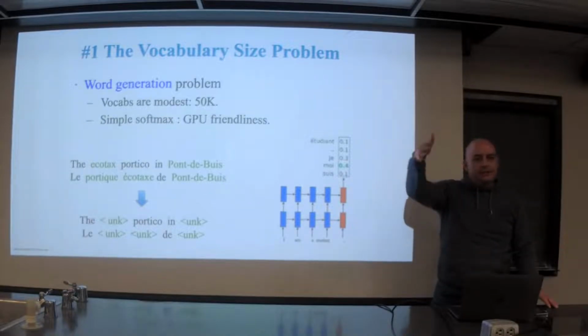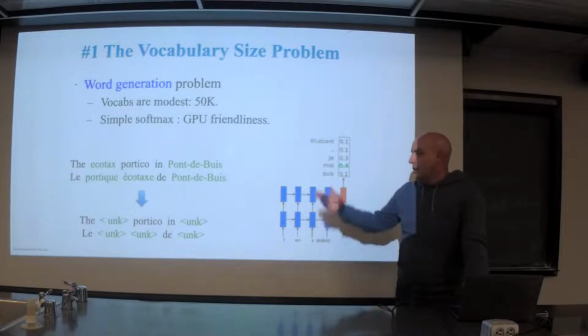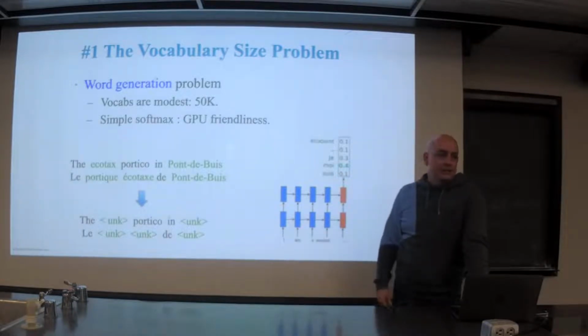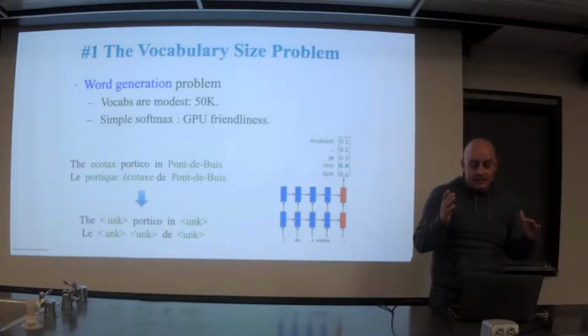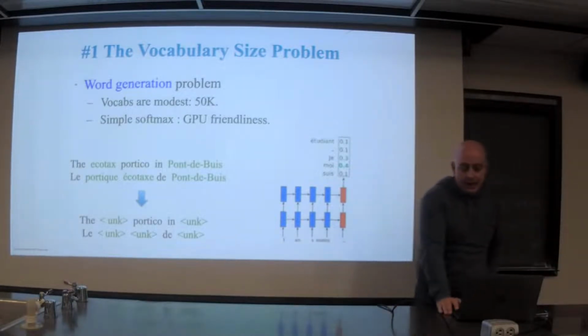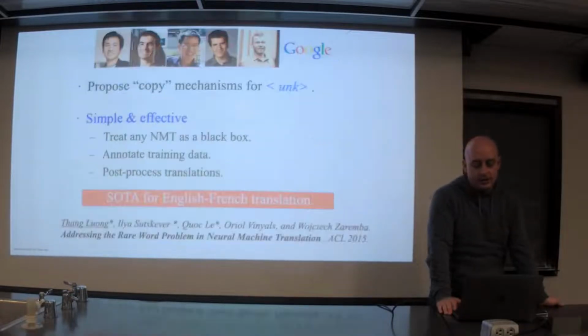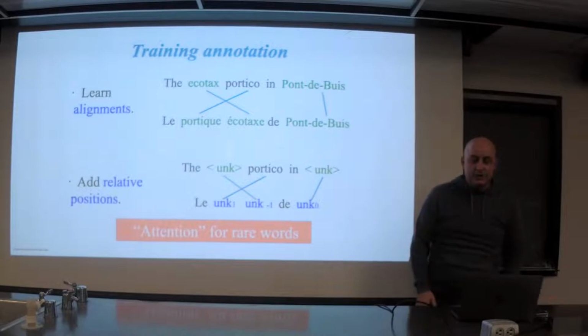Whatever ecotax is in English, we can look it up in French and it's ecotax, or how do you say that? So that's the idea. We just have these placeholders, and they are still part of the translation.